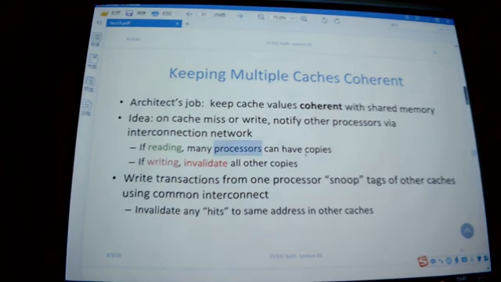Many processors can have copies. The copies are the same. Okay, if writing, invalidate all other copies. We can see write transactions from one processor note the tags of other caches using the common interconnect, and invalidate any keys with the same address in other caches.